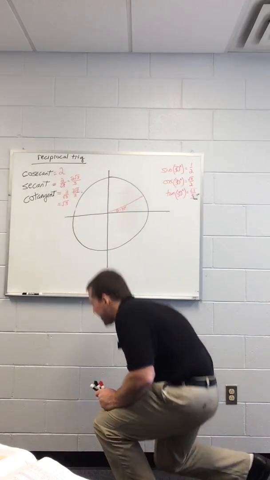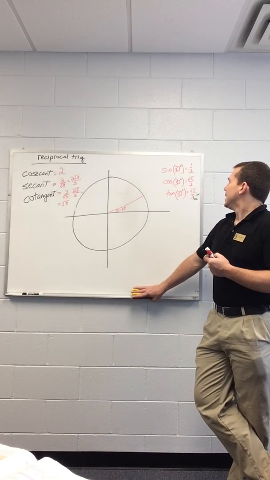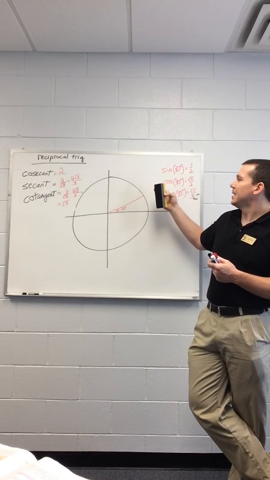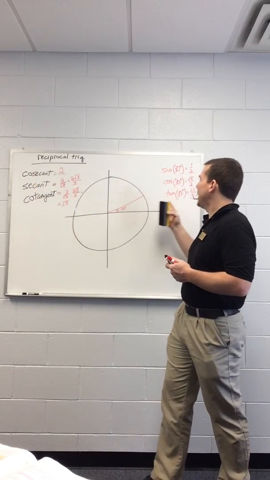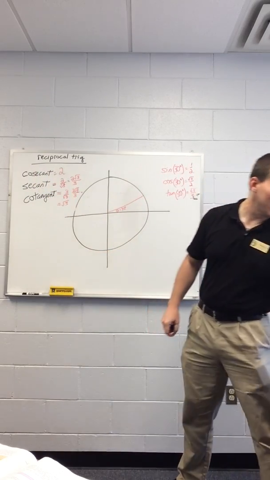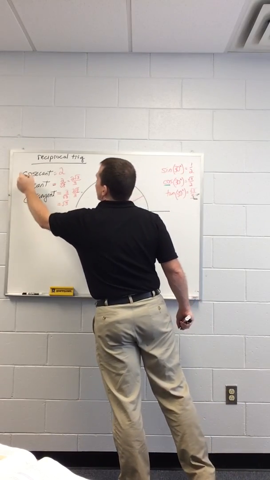Okay, but we get other properties out of this too. Over here we have sine and cosine, here we have secant and cosecant, and then we have tangent and cotangent. And there's kind of this question, where do all these co's come from?